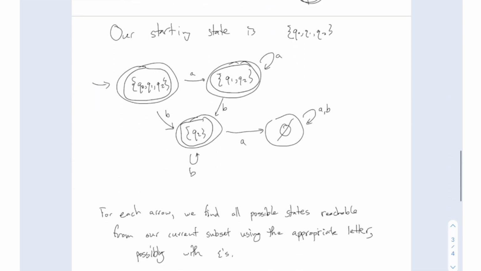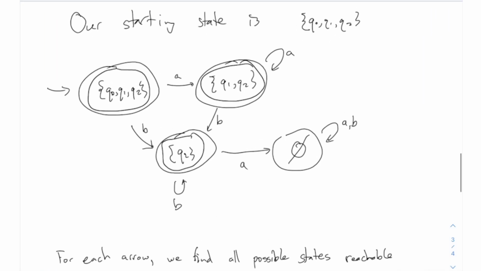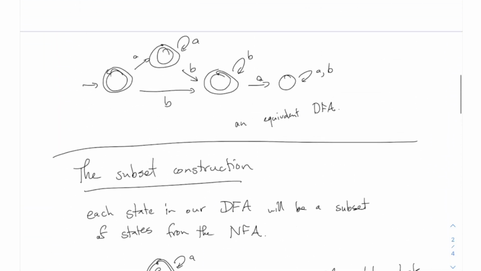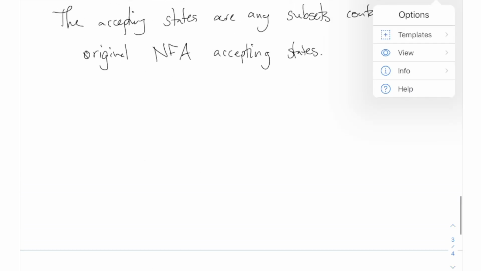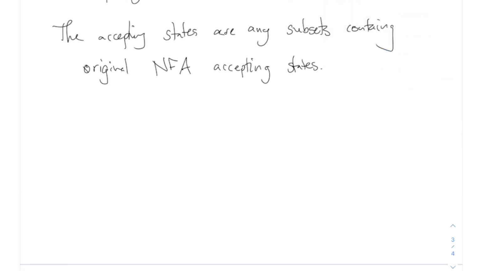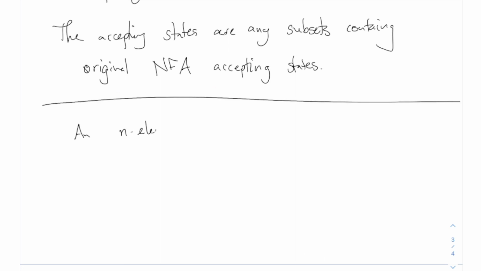So in general, if you have n elements, a set of n elements, this is a true fact, has 2 to the n possible subsets.